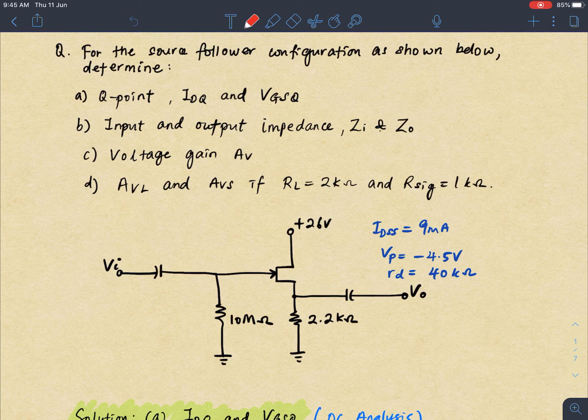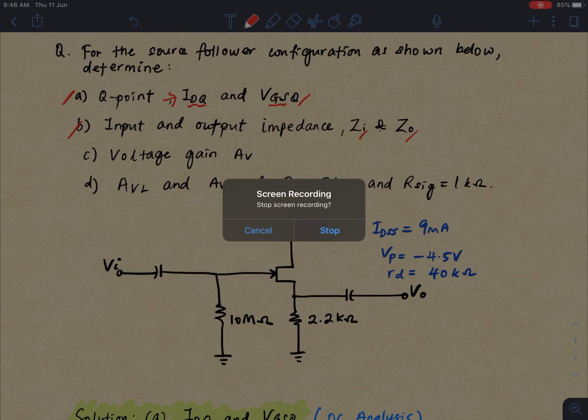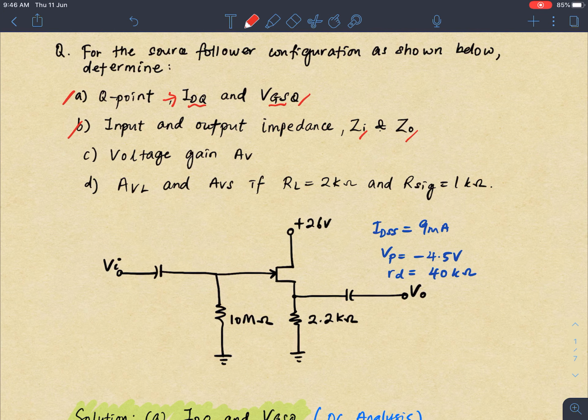For the source follower configuration as shown below, determine: A, the Q point, which is IDQ and VGSQ. B, input and output impedance, Zin and Zout. C, voltage gain AV.